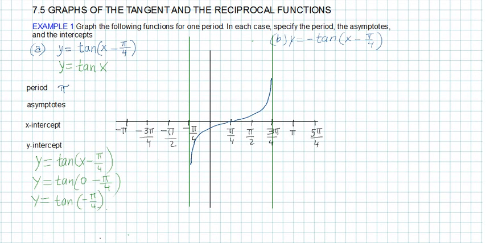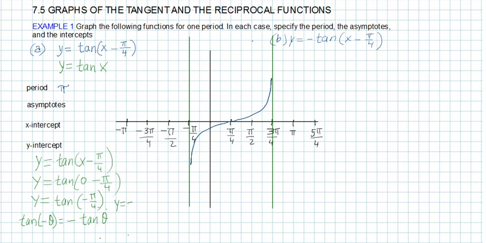Now, there is an identity that says that tangent of a negative angle is actually equal to the negative tangent of the angle. So here we have the tangent of a negative angle, and this is the same thing as a negative tangent of the angle.